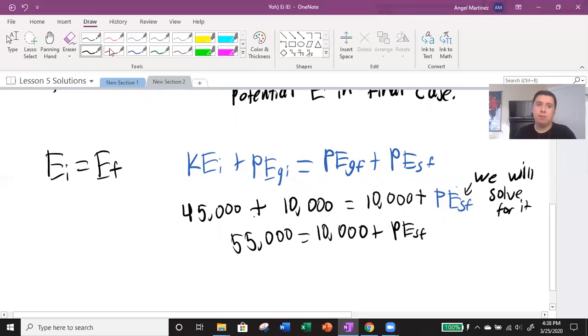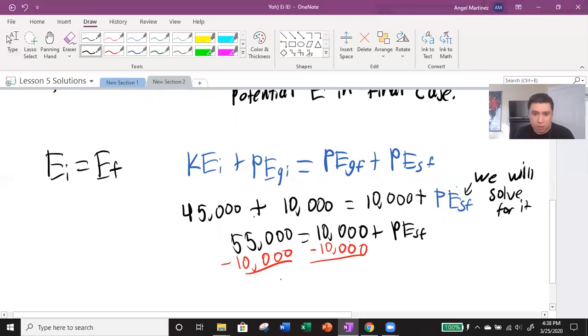What we do here, just basic math, subtract 10,000 from both sides. Just solve for it.